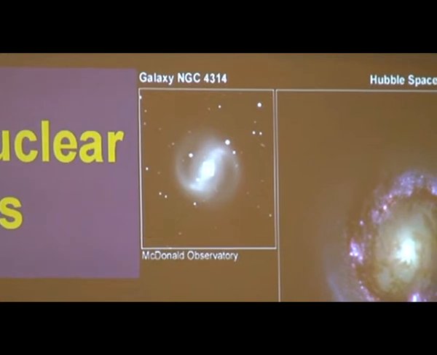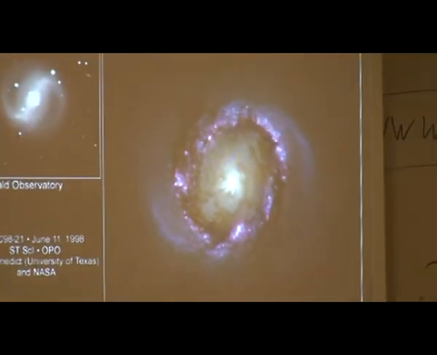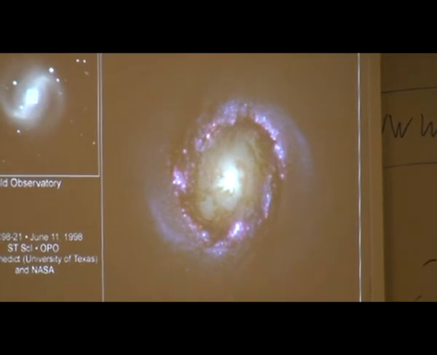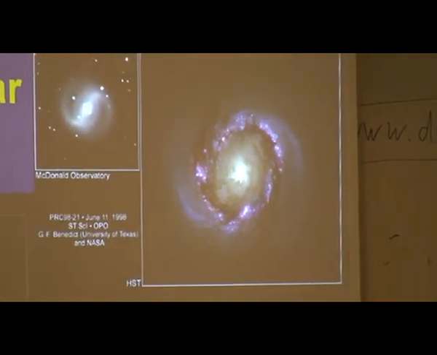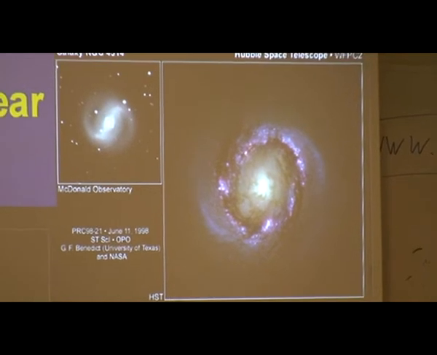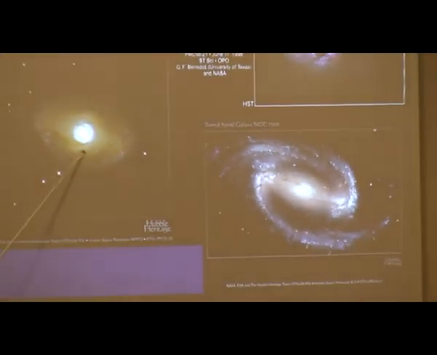But if you use HST to observe the central region, you can see it's actually composed of two spiral arms. So a spiral feature can also produce a ring-like structure. But here, these two galaxies show very circular rings.